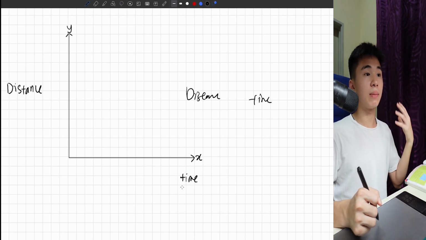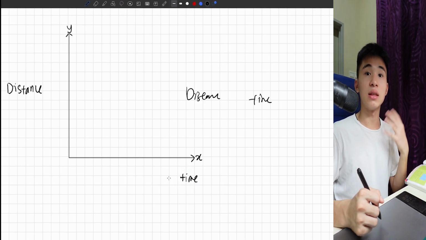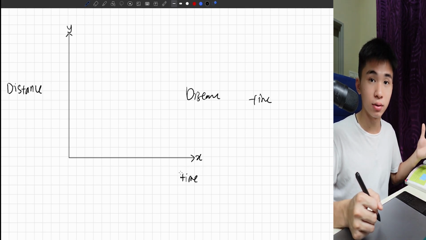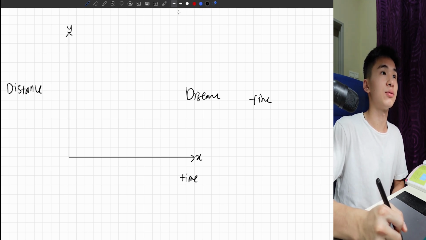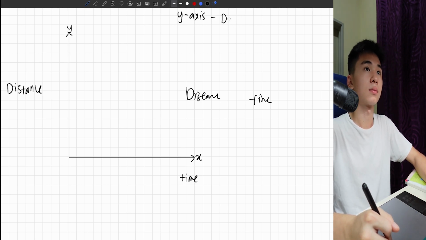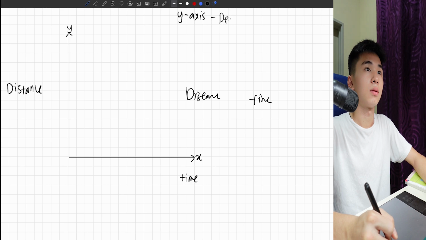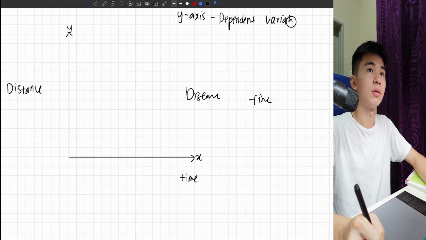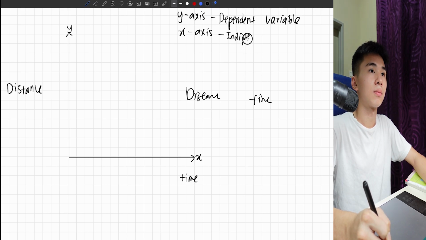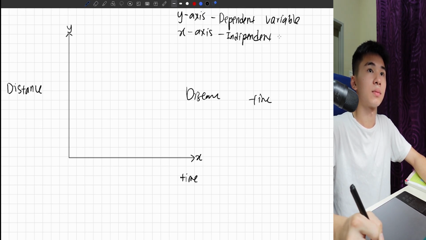Keep in mind that if you see time in your graph, the time will always be in the x-axis, which is the independent variable. I'm just going to write here: y-axis, dependent variable, and the x-axis is the independent variable.